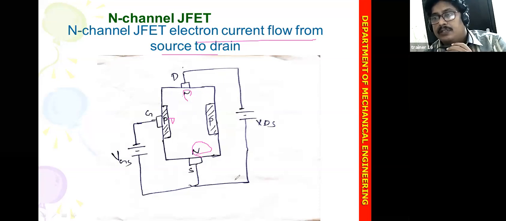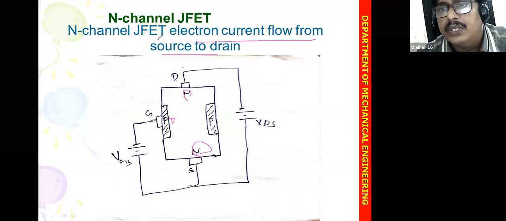So in the N-channel JFET the flow of current increases. Remember this point: the current flow increases only in forward bias. The current flow decreases, in terms of milliamperes or microamperes, in the reverse bias, that means negative. So in the N-channel JFET the electron current flow from source to drain increases, much more, because the negative charge is developing more.